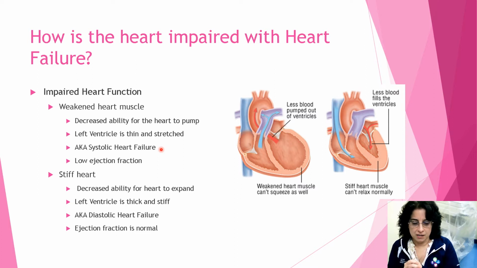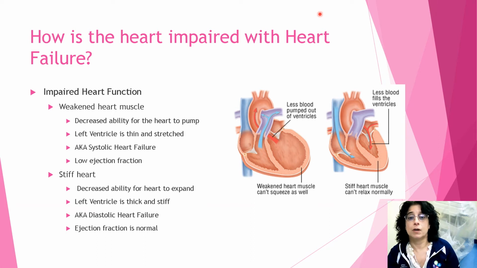A rubber band that has been sitting out for a while and has gotten stiff doesn't have that stretch at all, so it can't snap back. In both of those instances, the pump is affected, so you can get similar symptoms, although with the weakened heart muscle the ejection fraction is lower, whereas in the stiff heart, the ejection fraction is actually normal.